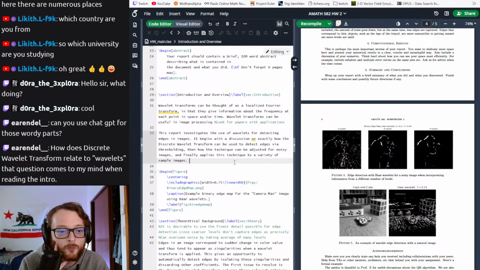I guess I'll explain out loud what I mean first, and I'll figure out how to incorporate this. The wavelet transformation is a very general thing. There's a continuous wavelet transform, and then there's a discrete wavelet transform. Within each of those categories, there are many different types of wavelets you could use.